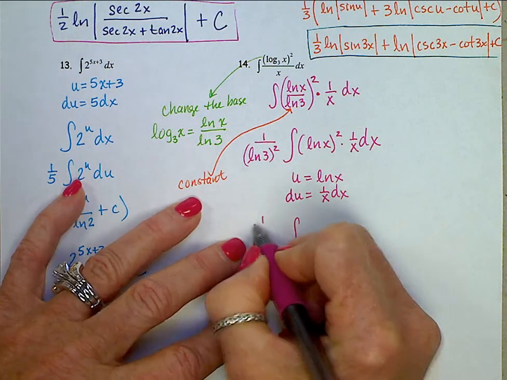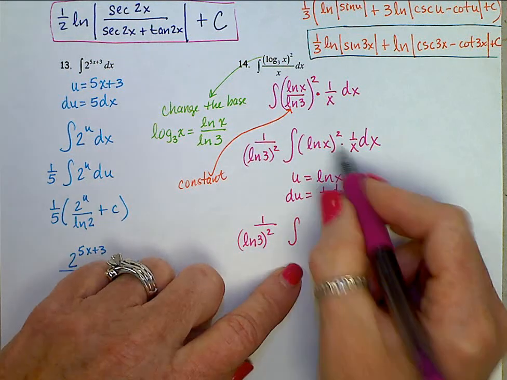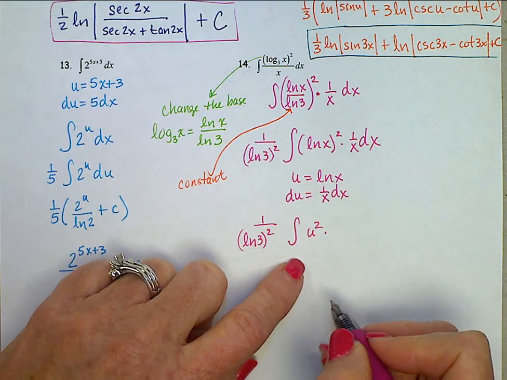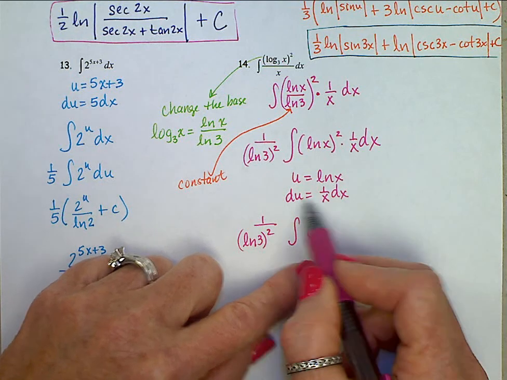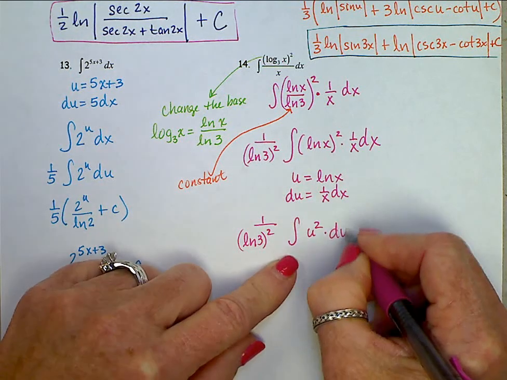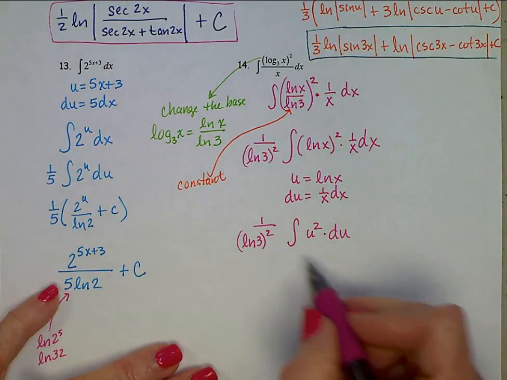Substitute out. And we have u squared times, can you see this all at once, that this 1 over x dx is going to be replaced with that du right there. Now do an antiderivative.